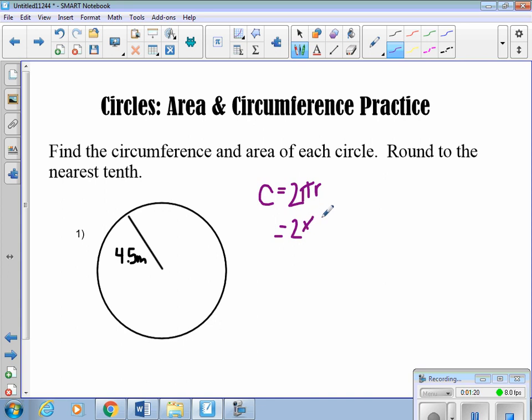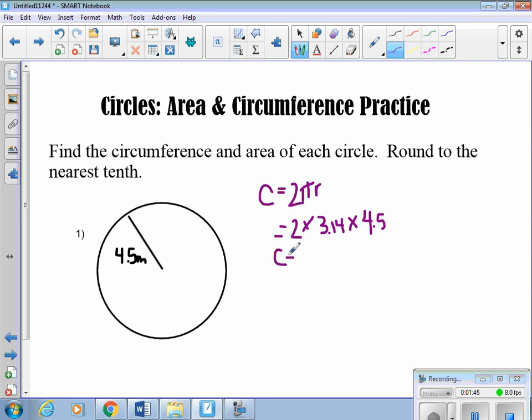Just so we don't get confused, I'm going to write what pi is. 3.14. Like I said in the last video, you'll be able to use the pi button on your calculator. And then we're just going to multiply it by the radius, which they have given us as 4.5. So 2 times 3.14 times 4.5 is going to be our circumference.